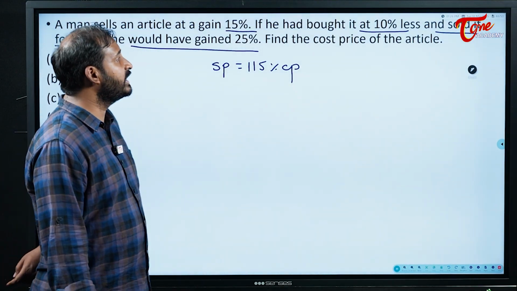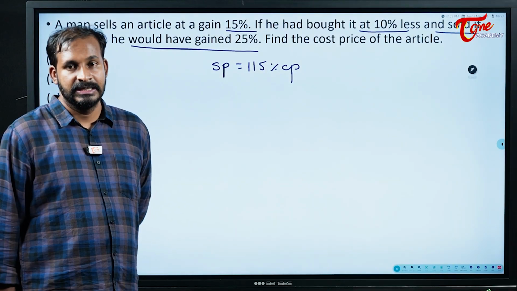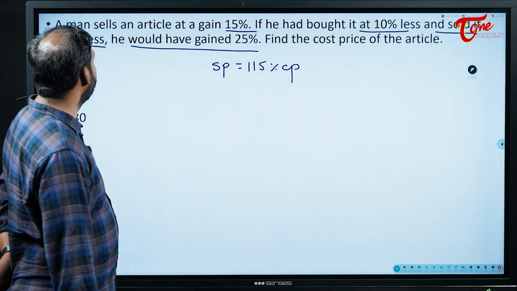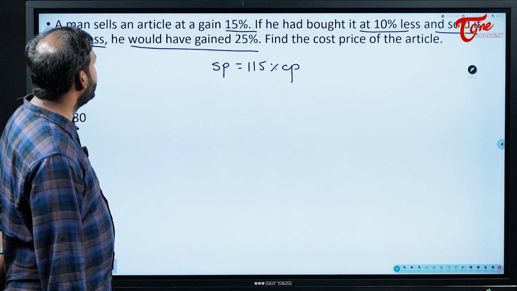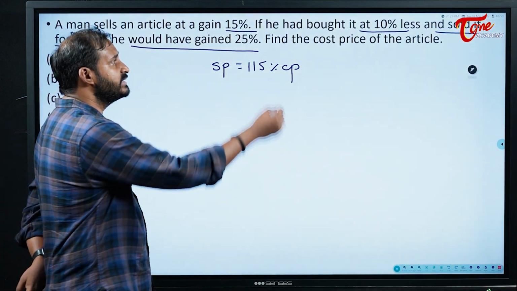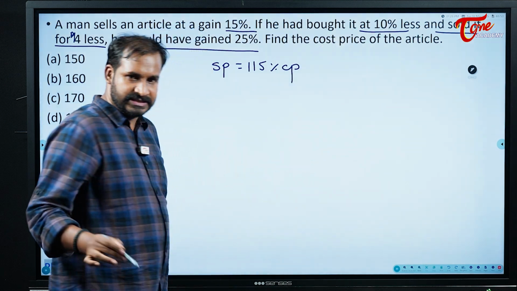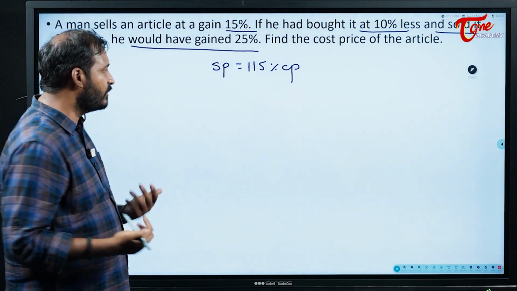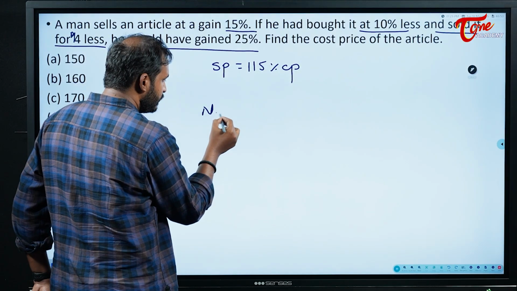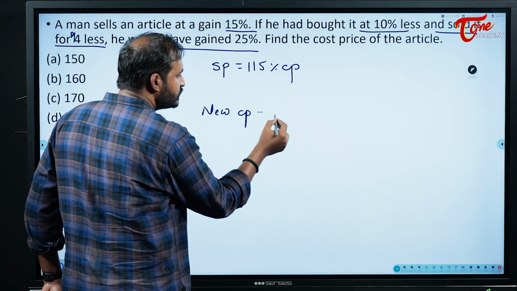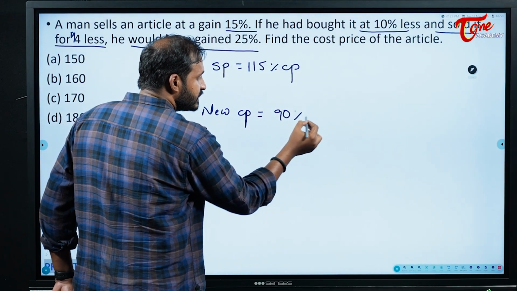Now, if he had bought it at 10% less and sold it for 4 rupees less, what happens to my present new CP? New CP is equal to 90% of CP. Why?